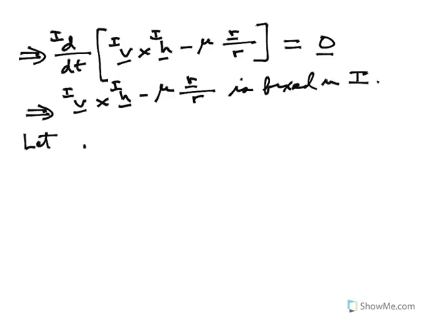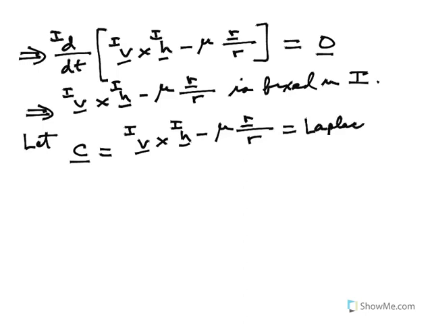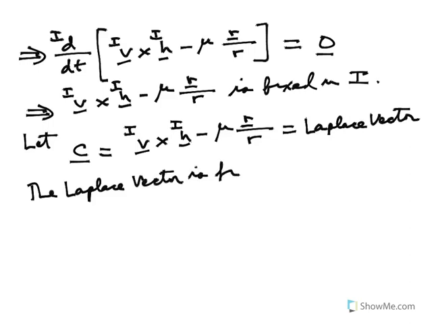So what we're going to do is let C equal vi crossed with hi minus mu times r all divided by r. And this vector is actually what's called the Laplace vector. And the Laplace vector is fixed in the inertial frame I.